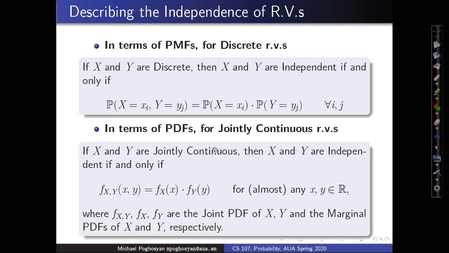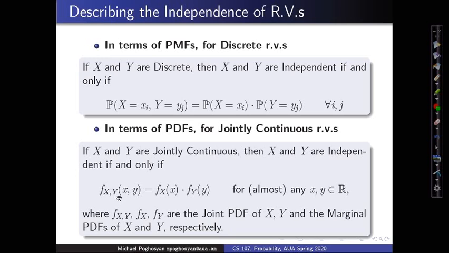And if we have jointly continuous random variables, then the equivalent form for the independence definition is the following. If X and Y are jointly continuous, then X and Y are independent if and only if their joint PDF is the product of marginal PDFs.